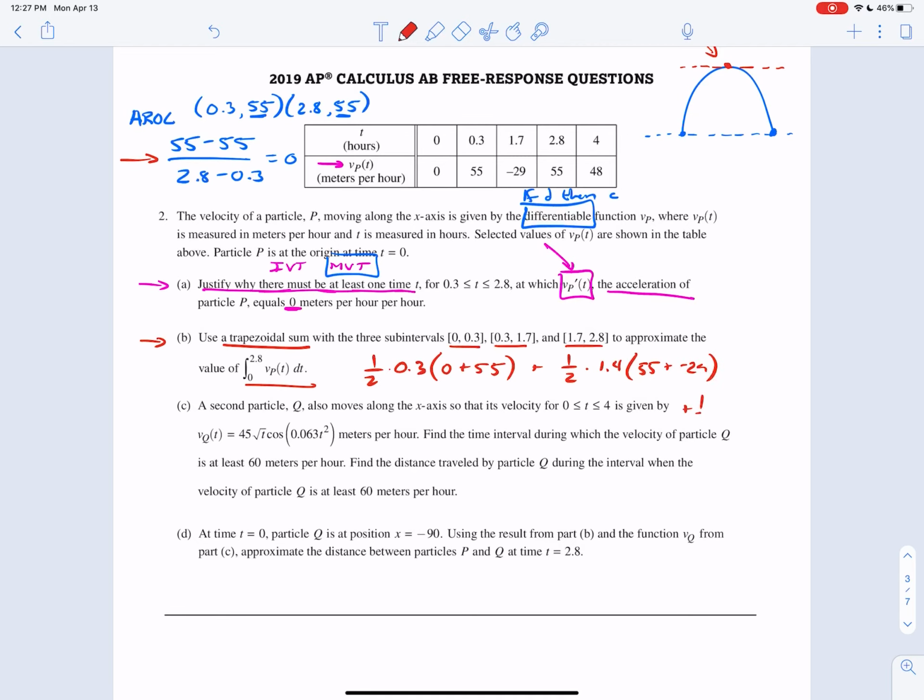And the last one plus 1/2 times the horizontal distance, which should be 1.1, times negative 29 plus 55. Okay? This right here is enough for the equal sign. Should we get 2 points? Actually, no, they only provide 1 point here. Okay? All right, let's keep going.